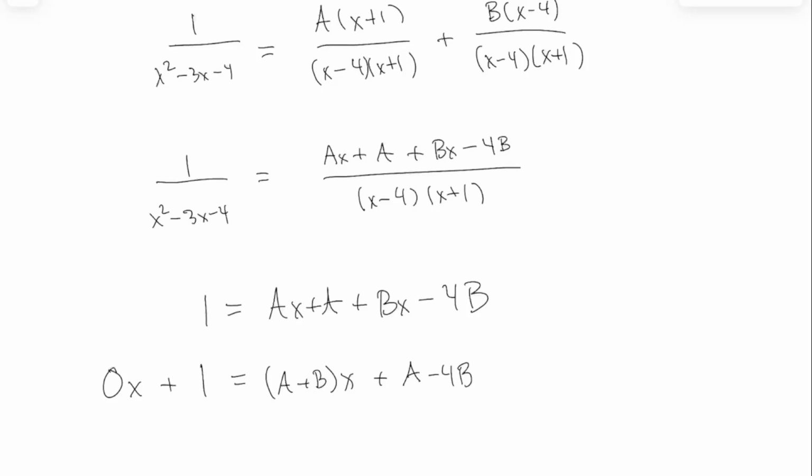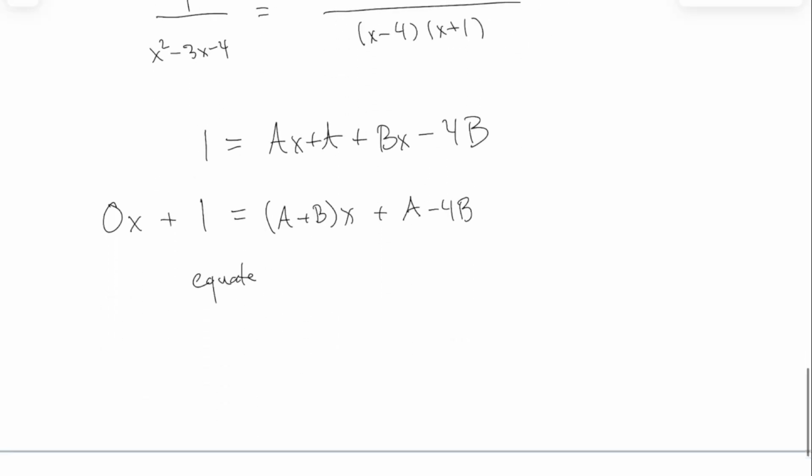So we equate the, can I say, like powers of x, right? The coefficient on x on both sides must match, and the coefficient on the constants on both sides must match. Equate the like powers of x.